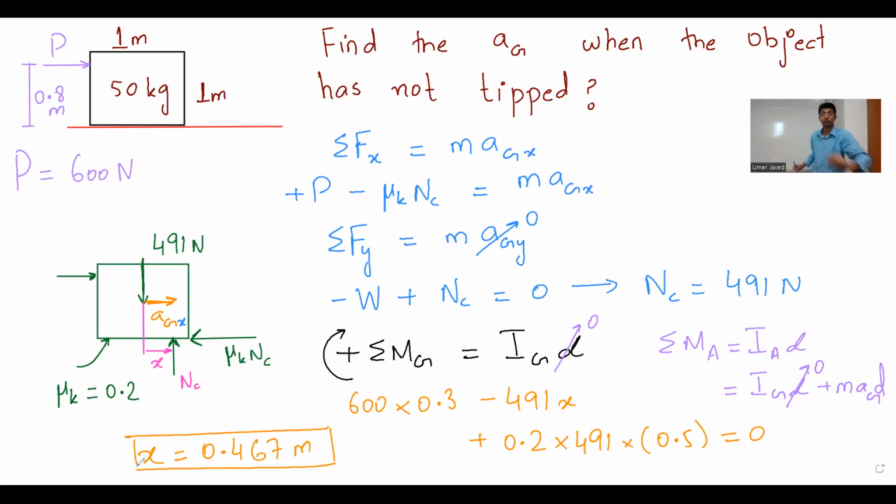Hocam, where did you get 0.3 when you multiplied by 600? This 600 multiplied by 0.3, because this is 1 meter from the center point all the way up to the top, it is 0.5 meter. Sorry, okay. So my center is G, right?